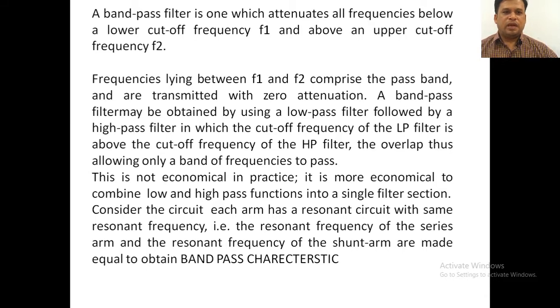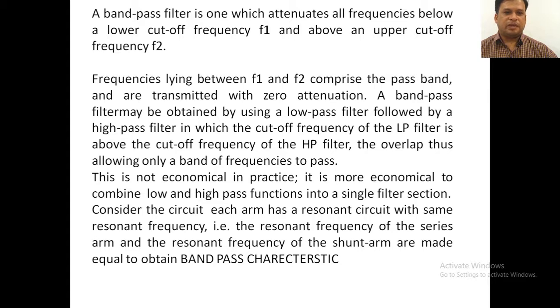Means this band is allowed to pass through, and a band pass filter may be obtained by using low pass filters followed by high pass filters in which the cutoff frequency of low pass filter is above the cutoff frequency of high pass filter. So the overlap allows only a band of frequency to pass through a band pass filter.